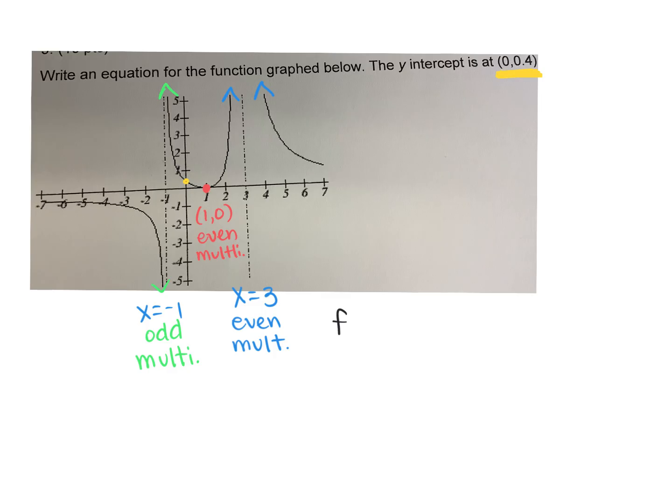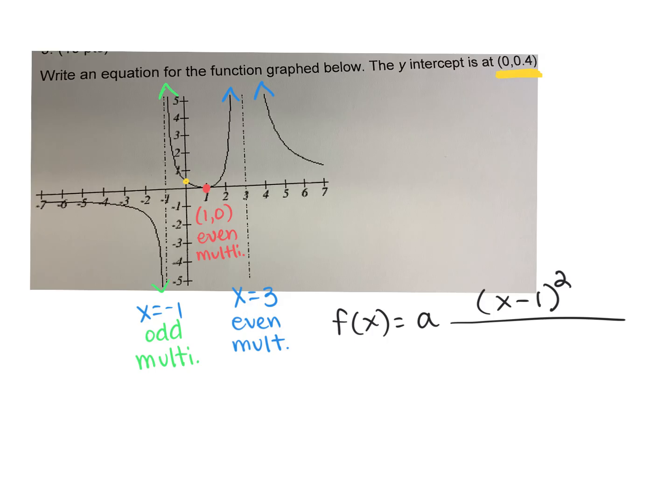So we are ready to start our equation. We have f of x is equal to a, that we'll find later. My x-intercept is at x minus 1. That's the factor that goes with it, and it has to be even. So I'm going to put a 2 there and hope that we might not have to switch that, but it can go up to a 4 or 6 if it needs to. Then I go to my vertical asymptotes.